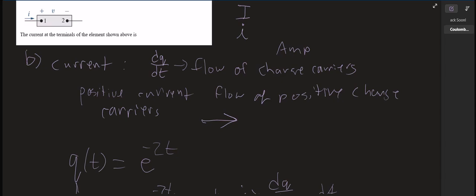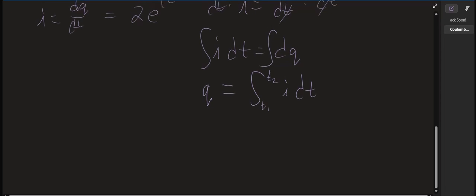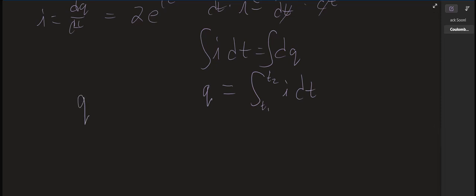Whenever we see Q of T, that's usually a derivative. I think what you're asking is, usually if you see Q of T, probably what the problem is asking you to do is find I of T, in which case you would take the derivative.